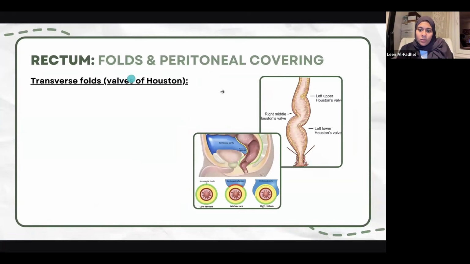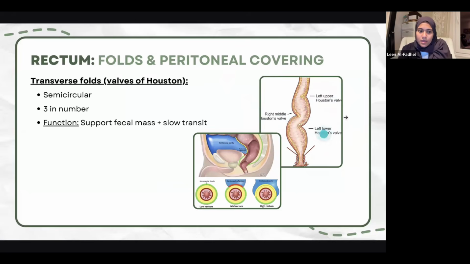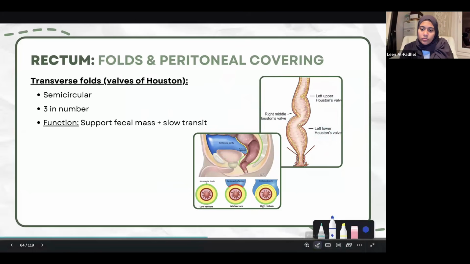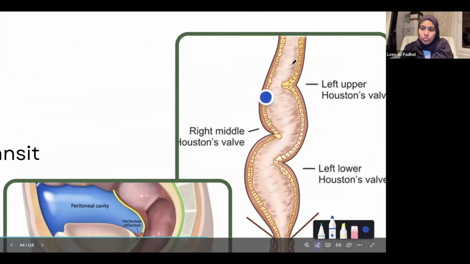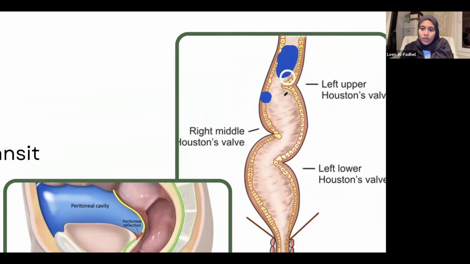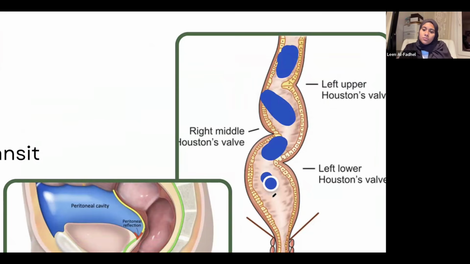Now, transverse folds, or what we call the valves of Houston. They're semicircular, and we have 3. We have the left upper Houston's valve, the right middle, and the left lower. And what is its function? It supports fecal mass and slows transit. So if you have feces or stool coming down here, it has to go down and then bend, and then go down again and then bend more.